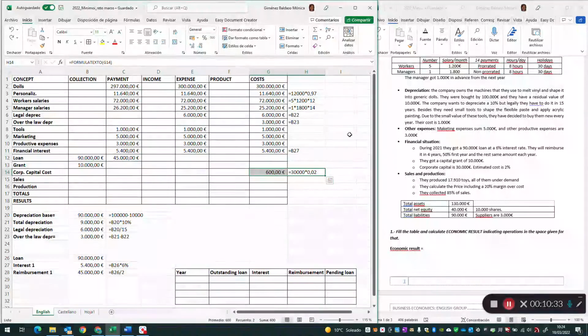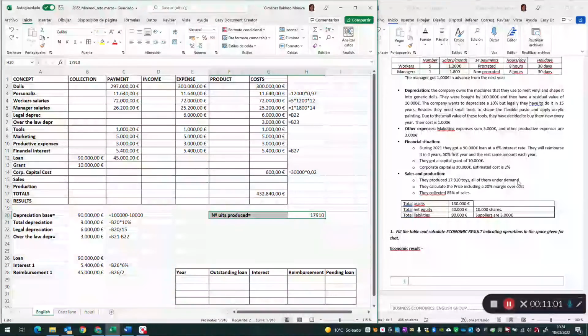Right now, we have the information regarding sales and production. The first thing we have to do is calculate the cost price, so that's what we're going to do right now. First, we're going to add all the cost column. And then we're going to find out about the production. It says they produce 17,910 toys, all of them under demand.